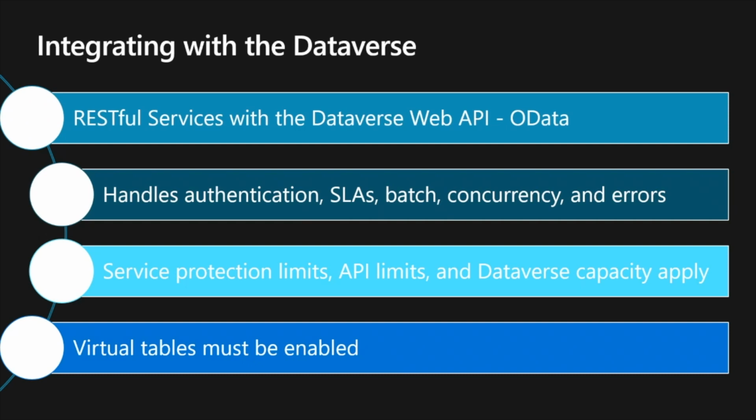You'll still need to consider service protection limits, API limits, and Dataverse capacity when using the API for your integrations. In order to leverage the API and integration points that are documented, you'll need to enable the virtual tables for the data that you are using.